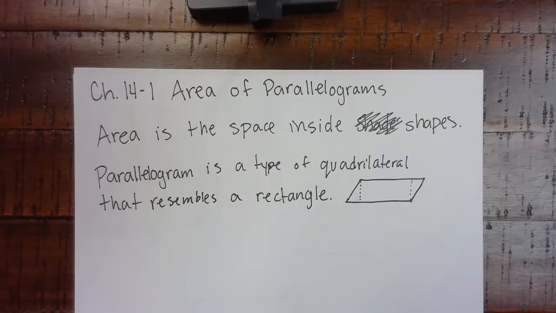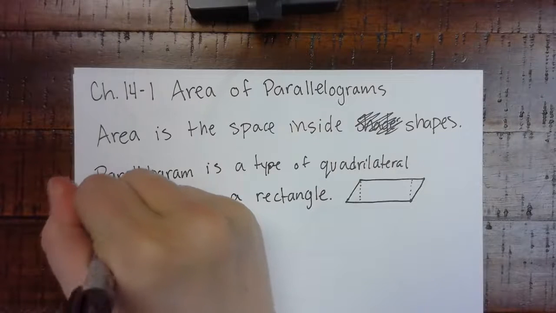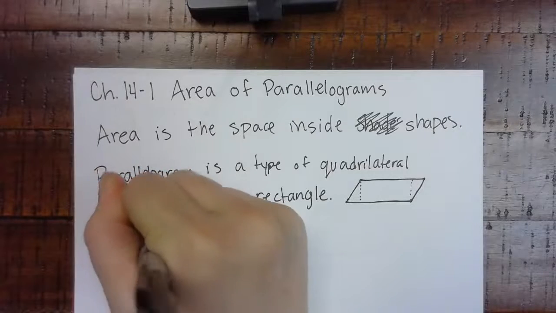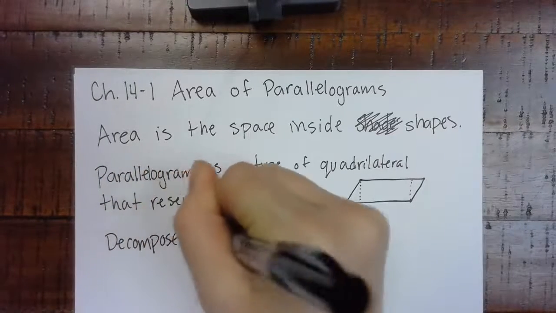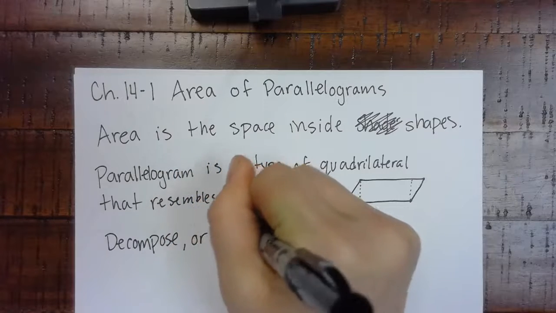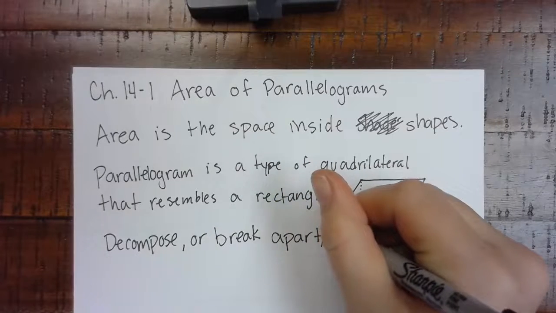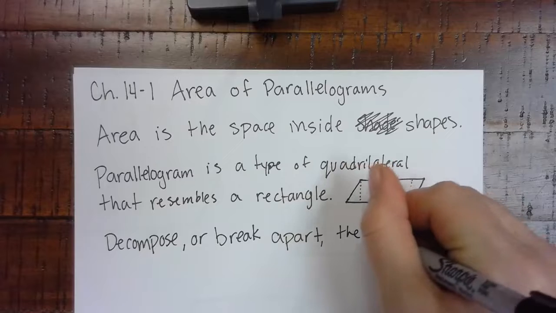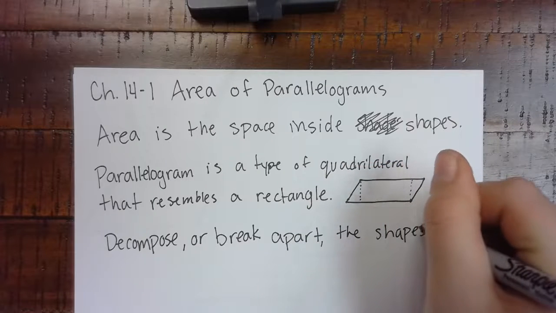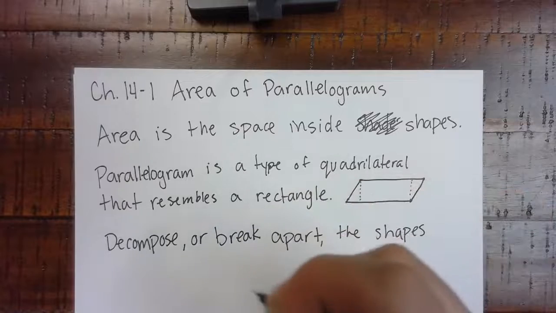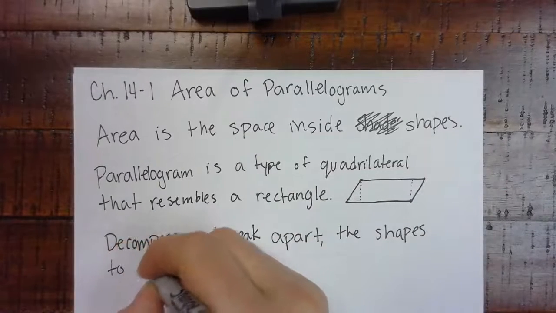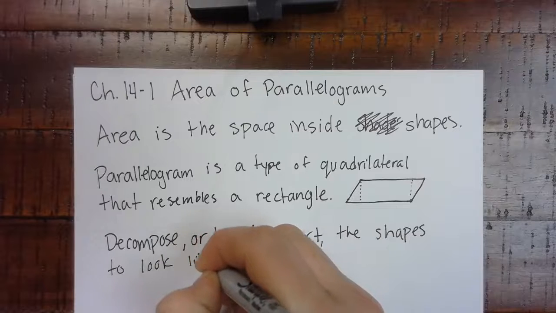So with that being said, we're going to learn how to do the area. So with the area, we are actually going to take our parallelograms and decompose, or break apart, the shapes to look like a rectangle.